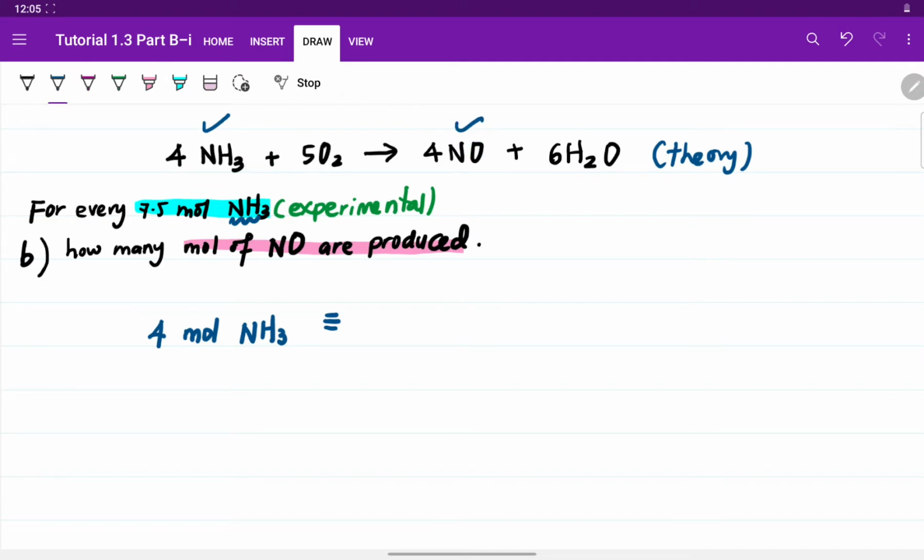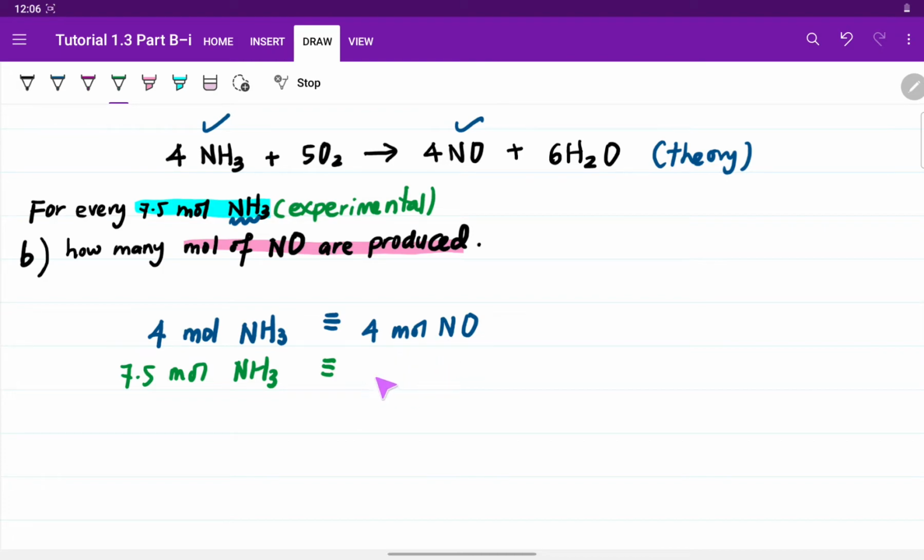Okay, jadi awak tulislah yang kita tahu maklumat daripada teori, daripada balance equation. 4 mole of NH3 will produce 4 mole of NO. So, awak tulis 4 mole of NO. Okay, now, that's from the balance equation, theoretical dekat sini. So, if you have 7.5 mole of NH3, okay, how many moles of NO yang akan terhasil?